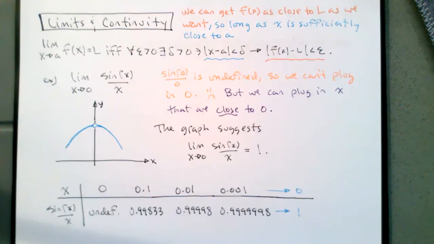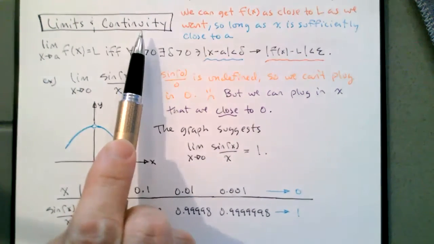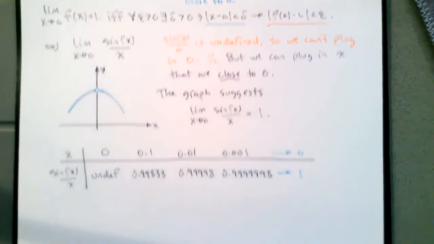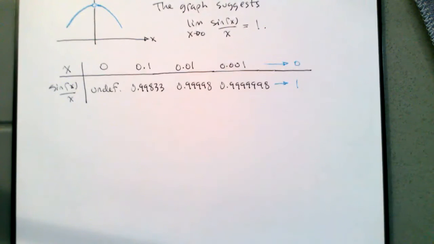Another place that we need limits is to define a concept called continuity. In natural language, continuity is kind of an easy thing to describe. So Newton originally described continuity as being able to draw the graph of the function without lifting his pen from the page.